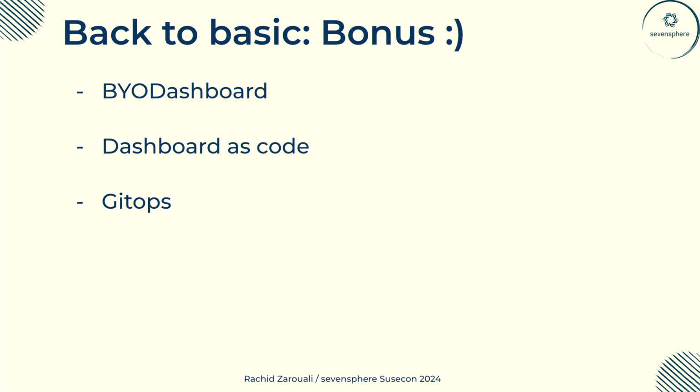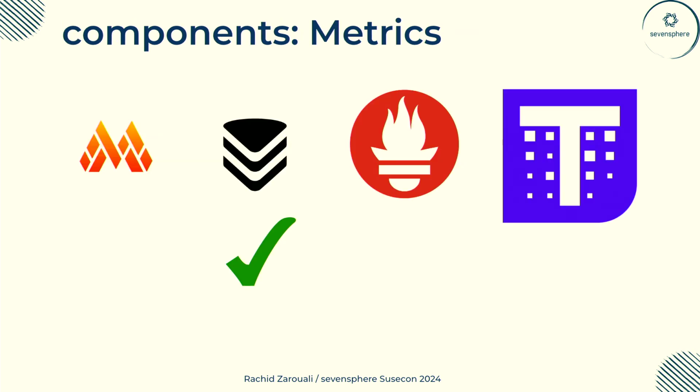So these are the main rules that I wrote down in the project. And the second part is what are the components that follow all those rules that we have chosen. Speaking about metrics, we looked at Mimir from Grafana, Victoria Metrics, Prometheus, Thanos. We have chosen Victoria Metrics for a lot of reasons.